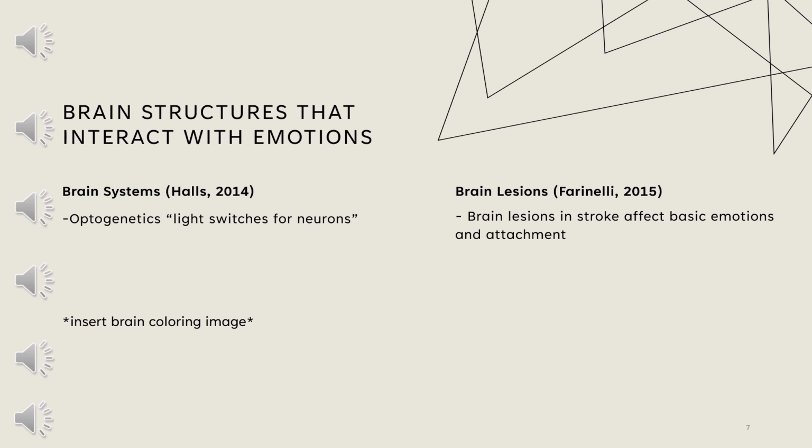The study also concluded that basic emotions were impacted significantly more than attachment styles were in the face of brain injury. Strokes impair more than just our motor functions. They inhibit parts of the brain from functioning, and when they're not functioning properly, it will inhibit the expression and the creation of emotions.